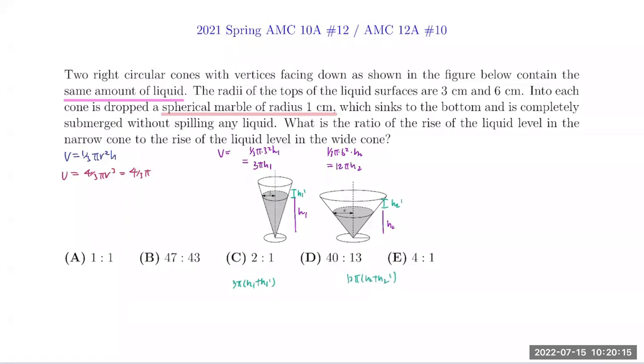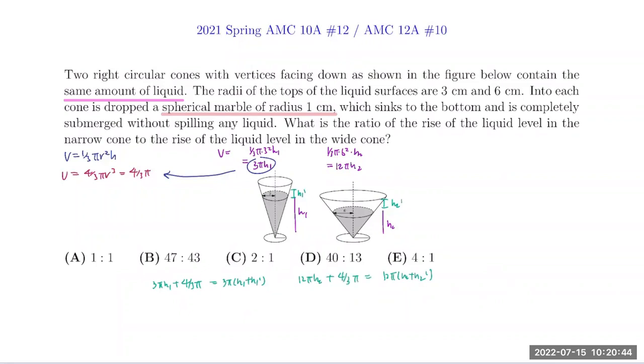And we know that this is achieved through adding the original volume to the volume of the sphere, and likewise for the second cone as well. So we can write two equalities. That gives us 3 pi h sub 1 plus 4/3 pi is equal to this expression here, as well as our second expression, 12 pi h sub 2 plus 4/3 pi is equal to our second expression.